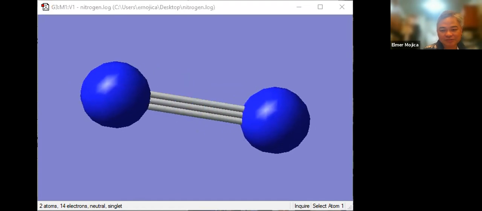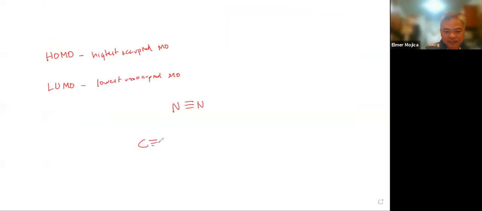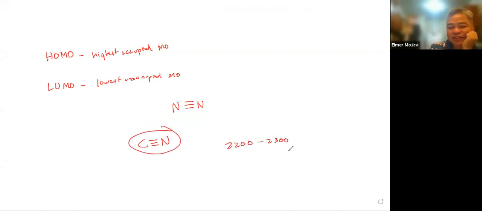Because of the cyano group, it is a C triple bond N. So meron siyang unique peak around 2200 to 2300. So what we do, we analyze all cyano-containing compounds that we can find in the lab and try to differentiate them based on kung ano yung naka-attach sa kanya. So yan yung way na nag-aano yung tinatawag nating IR.